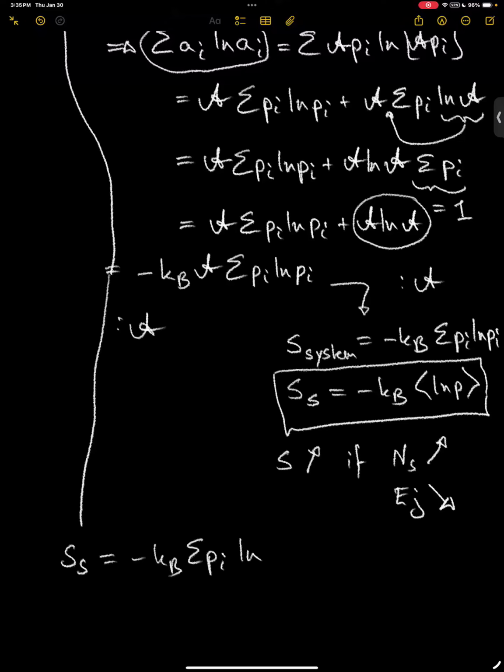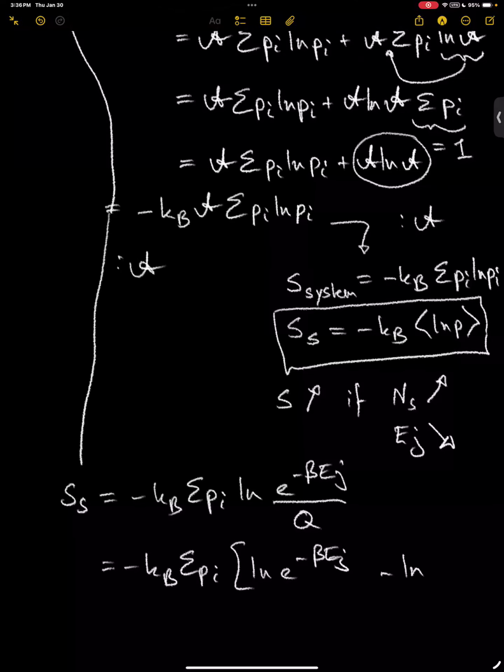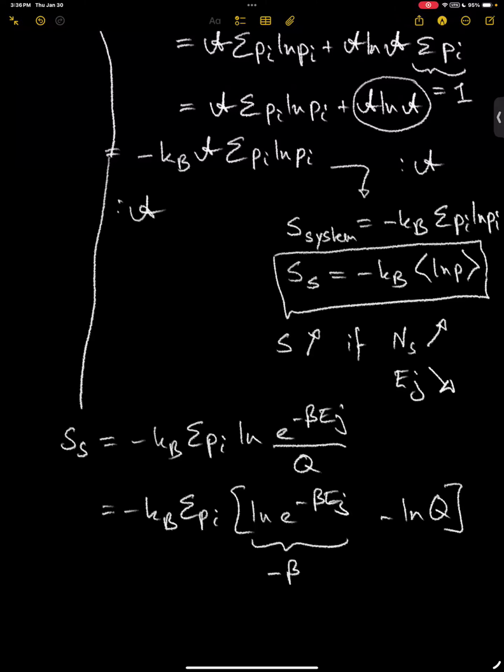And now I insert my Boltzmann probability values, so the e to the minus beta E_j over q. Okay. Now that is, by virtue of the logarithm rules, logarithm e to the minus beta E_j minus logarithm of q. And this is simply minus beta E_j.